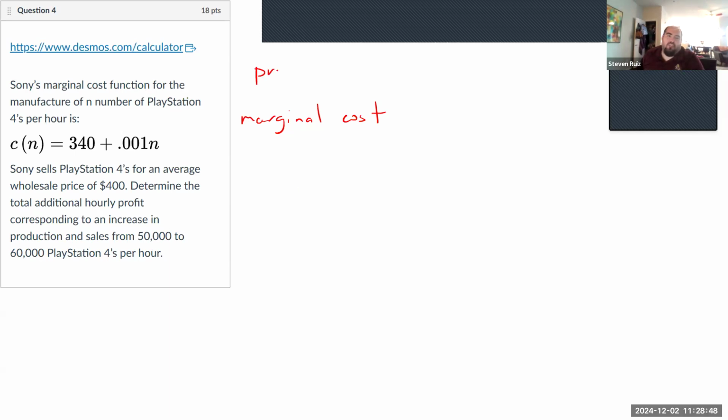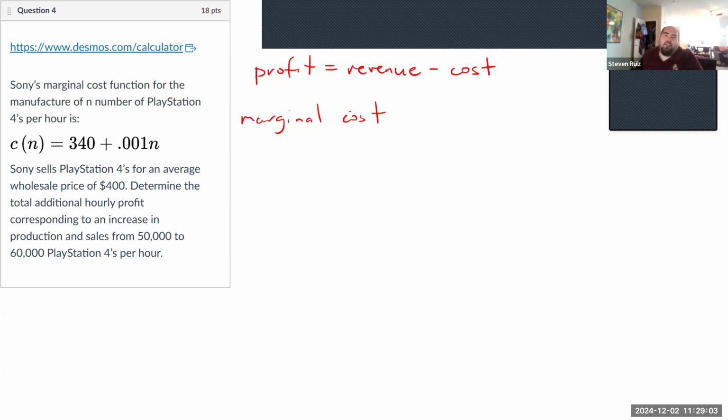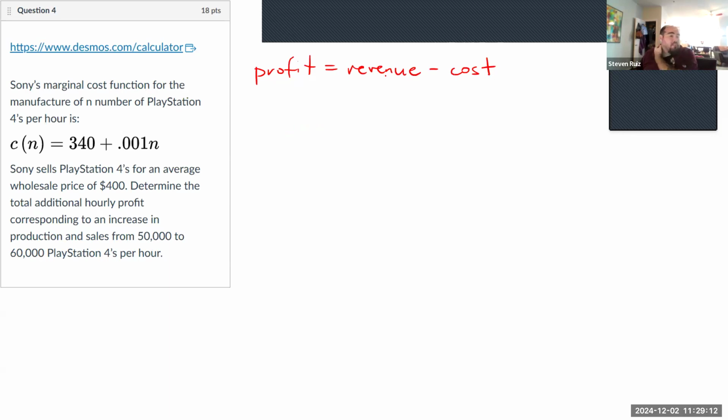What is profit? Profit is the difference between revenue, which is the money I bring in, minus the cost, which is the money that I spend on things. And really I can attach the word marginal to all those things. Marginal profit equals marginal revenue minus marginal cost. So what is my marginal revenue?